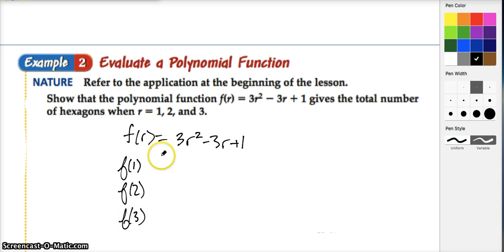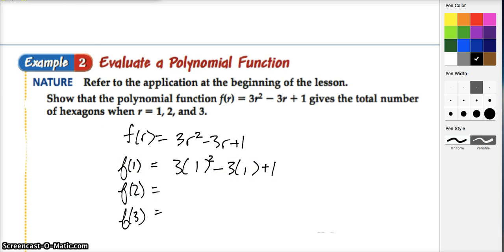Whenever I get into a jam with these types of problems, I know that whatever value's in here needs to be placed throughout the polynomial function I'm evaluating. So what I do is I just put open parentheses in place of the variable. So I just drop the 1 in, right?